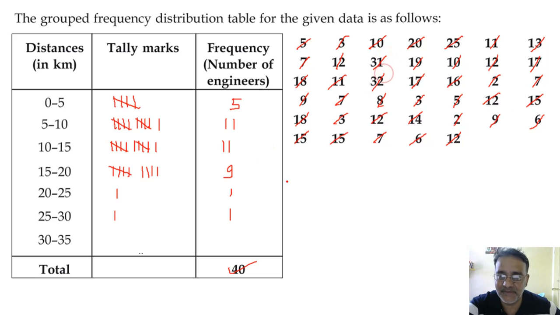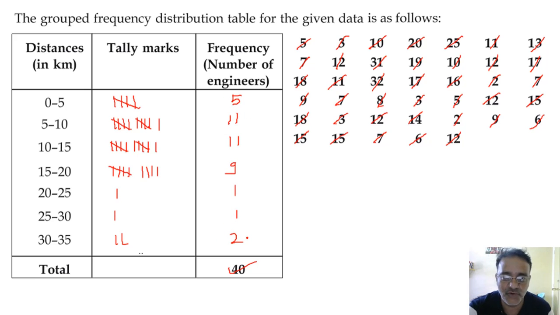Both will come for this class interval. So our table is completed. Now we can check whether the total is coming to 40 or not. 20, 36, and 4, 40. Yes, 40 is coming. Okay, any doubt? No, sir.